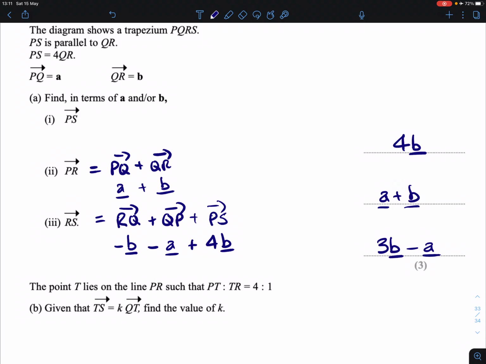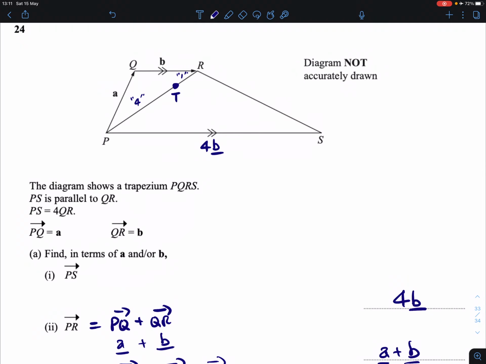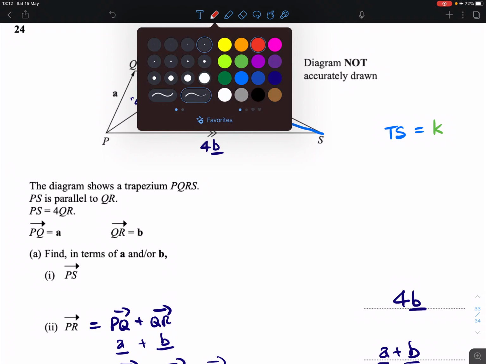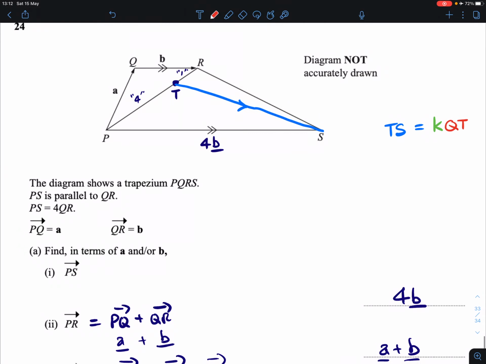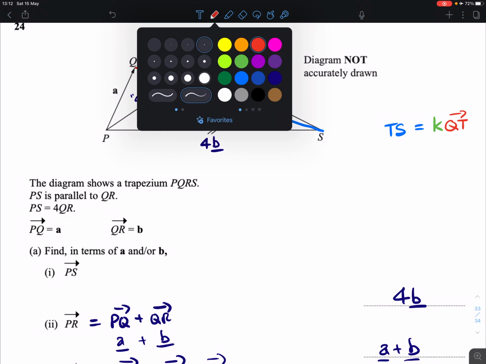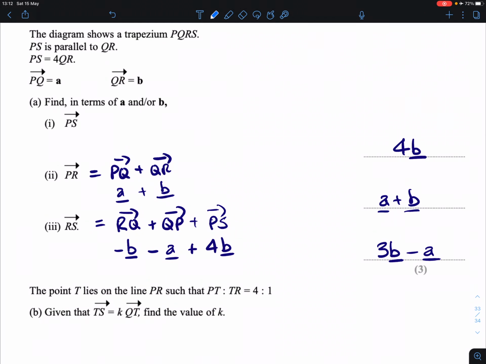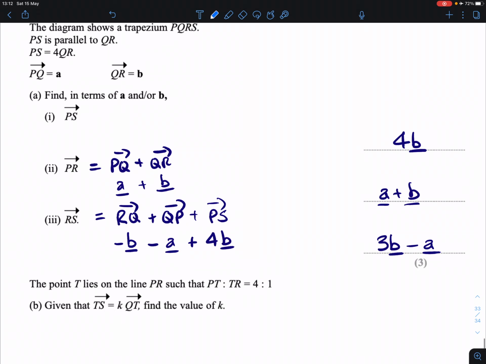Given that TS equals K QT, so T to S, that would be this, is K QT, so that will equal K times QT, which is this. Okay, so Q to T. You can see that TS is going to be bigger than it, so TS is so many times as big as QT. We have been given that, so we know that that's true. Find the value of K.